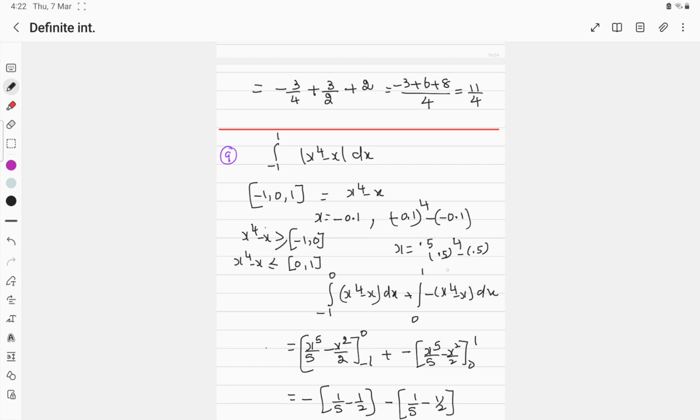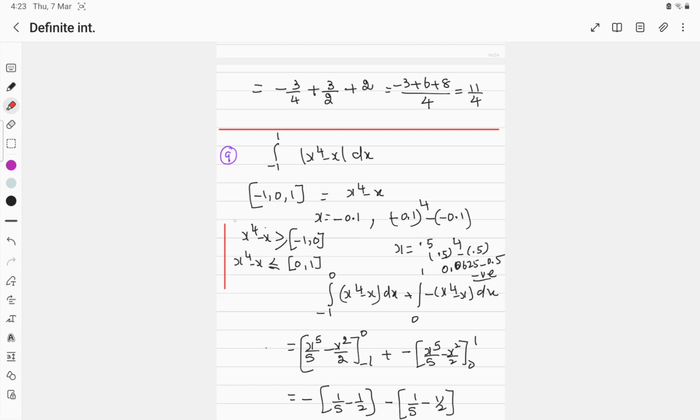So it becomes 0.0625 minus 0.5. So we get negative. So in the interval 0 to 1, it is decreasing.